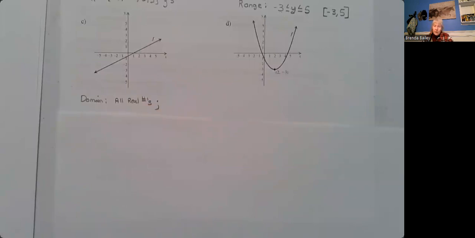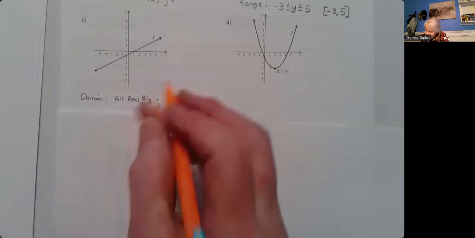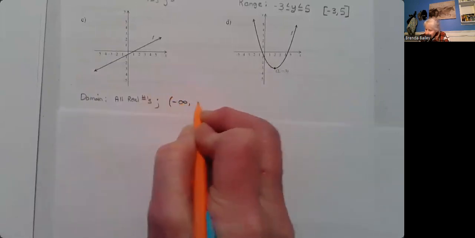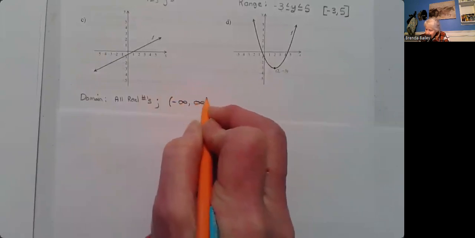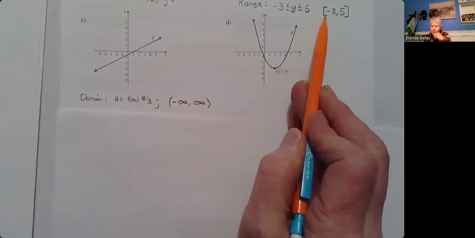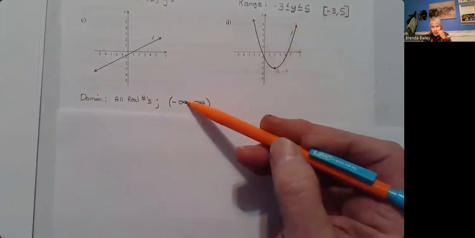Now, how do you do that in interval notation? Because they don't have all real numbers. In interval notation, we go from negative infinity to infinity. All right, no, I am not using brackets. The reason is the brackets mean that it's included. Infinity is not a number.